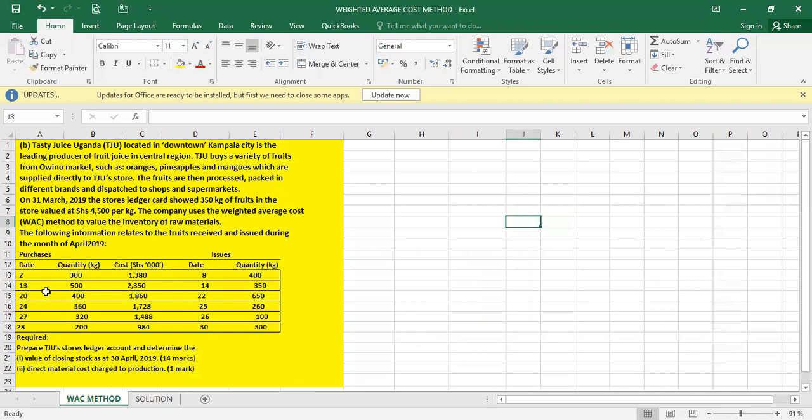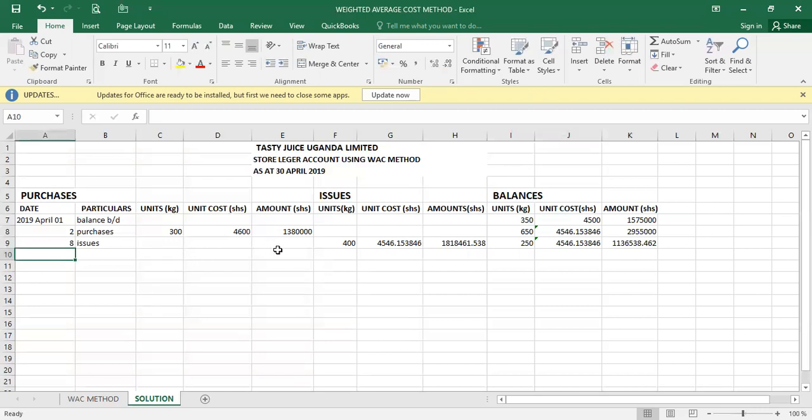Then we are saying on 13th, we purchased 500 units at 2,350,000. We bought 500 units. These were purchases.